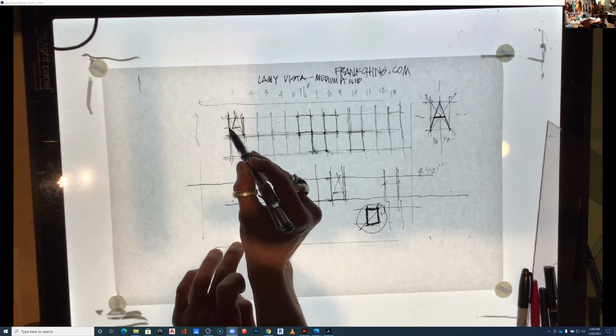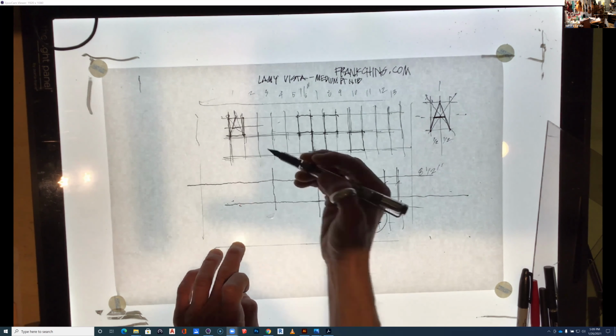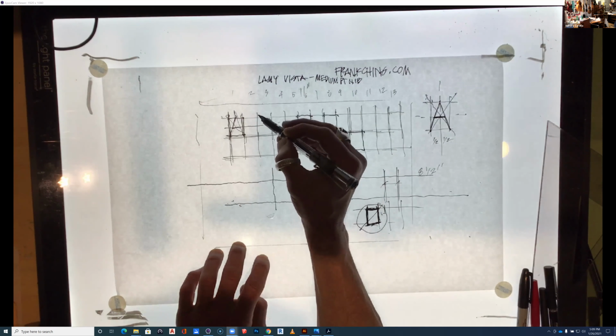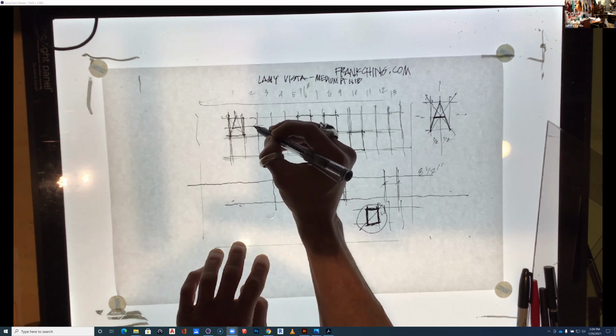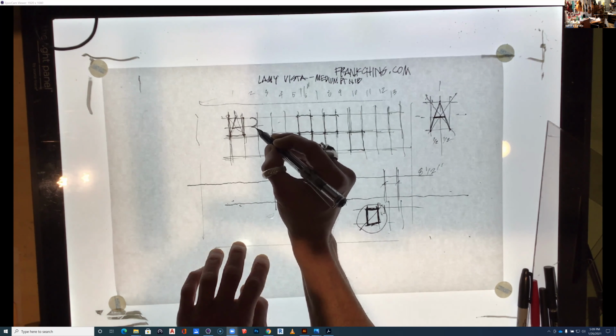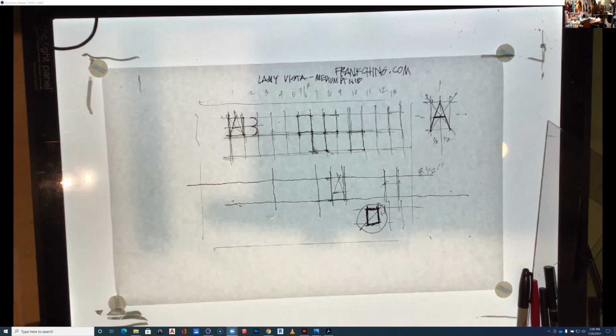B. It divides in half vertically, right? And then you usually have these semicircles. Do you see how I'm subtracting out the parts of the letter? You think when you draw A, B, C, D, you start in one place and you go on.